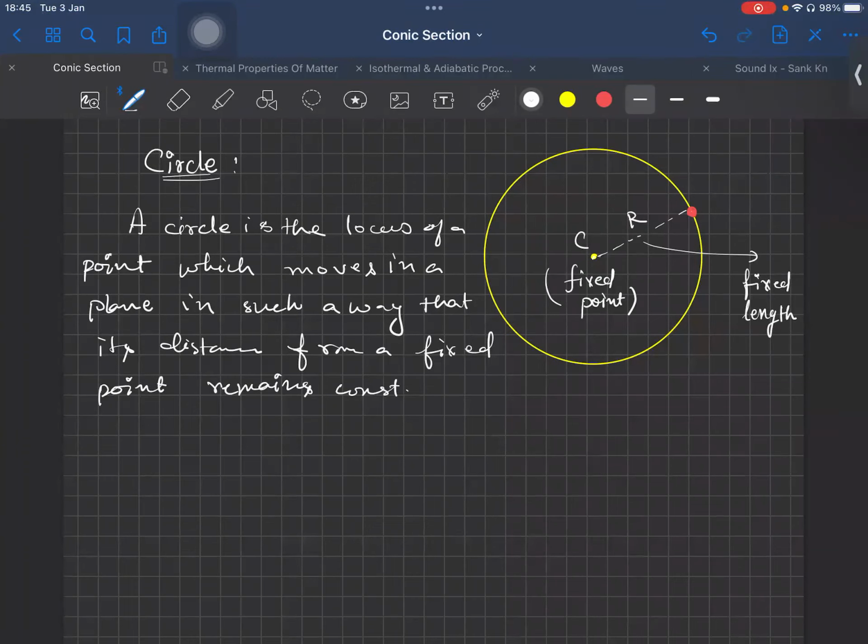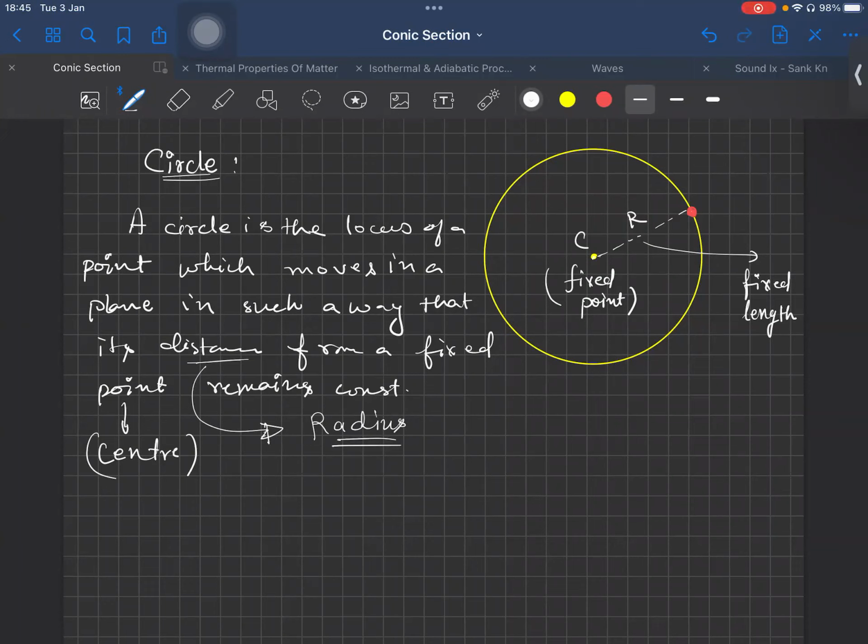That fixed point is called the center of the circle, and the constant distance is called the radius. All right, so that's how we define a circle.